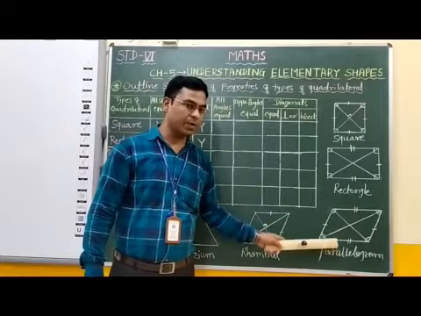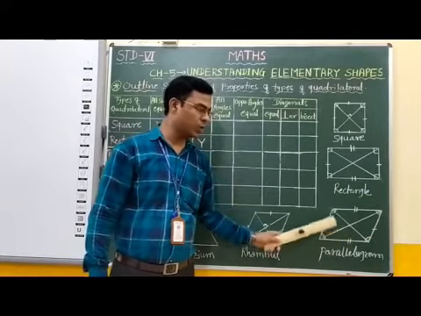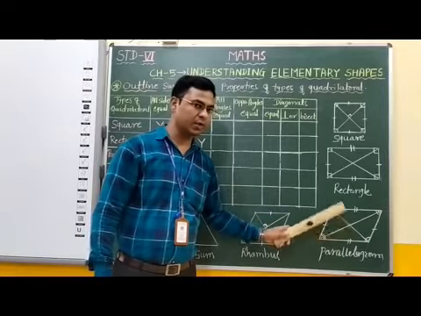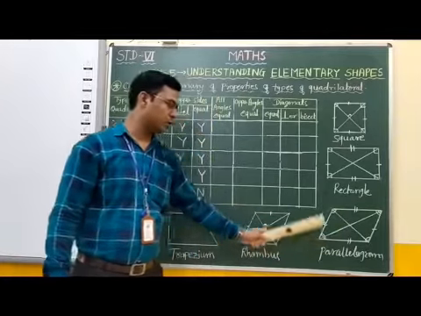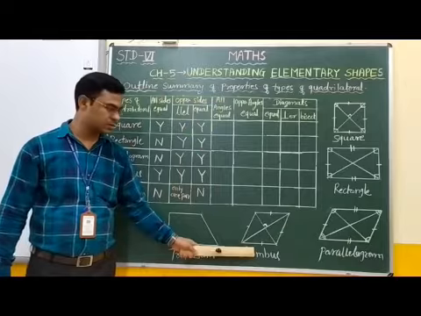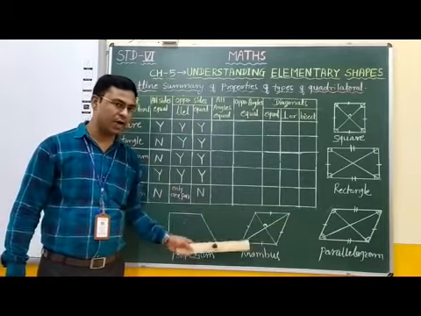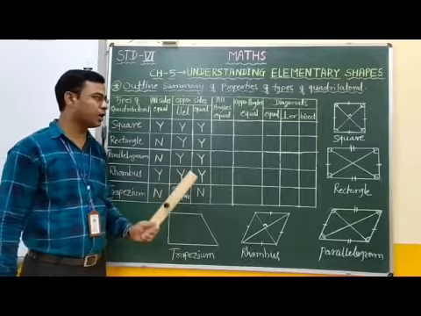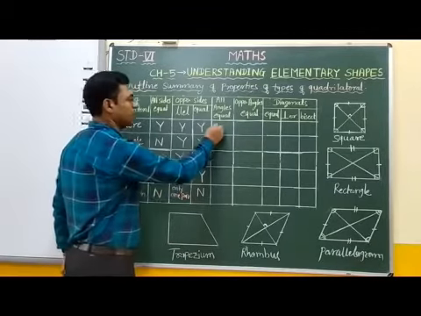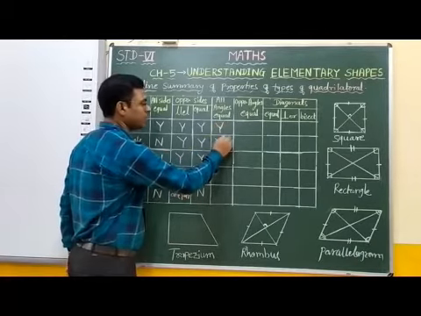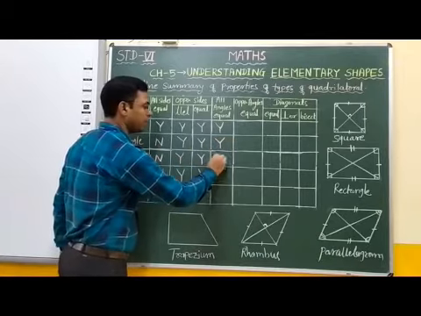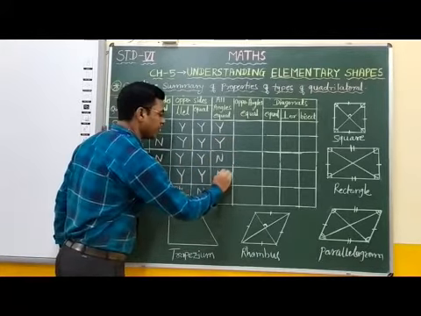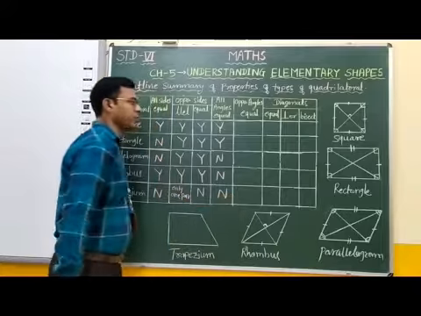In parallelogram, are all angles equal? No, only opposite angles are equal. Therefore, here no. In rhombus, all angles are not equal. In trapezium also, all angles are not equal. Therefore, for square S, for rectangle S, and for the remaining types of quadrilateral, no.